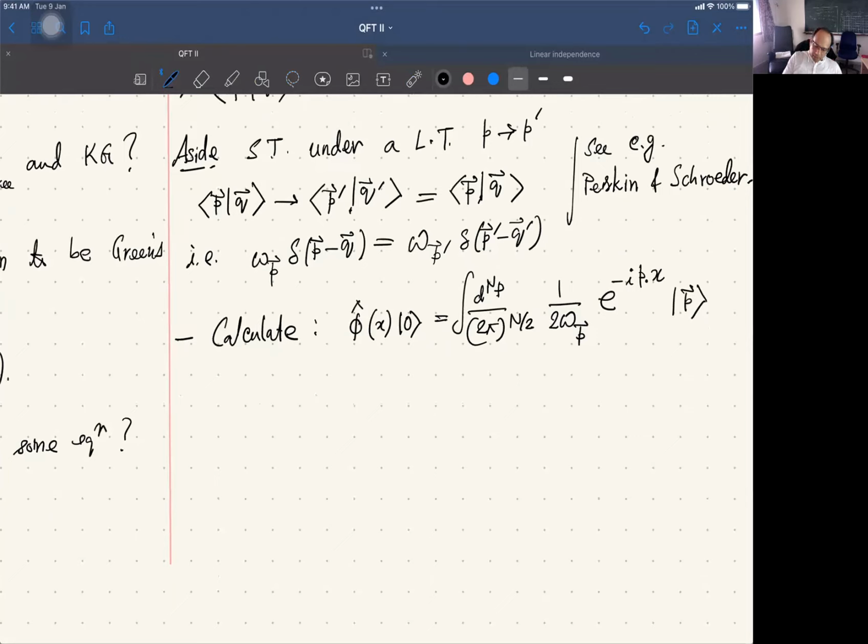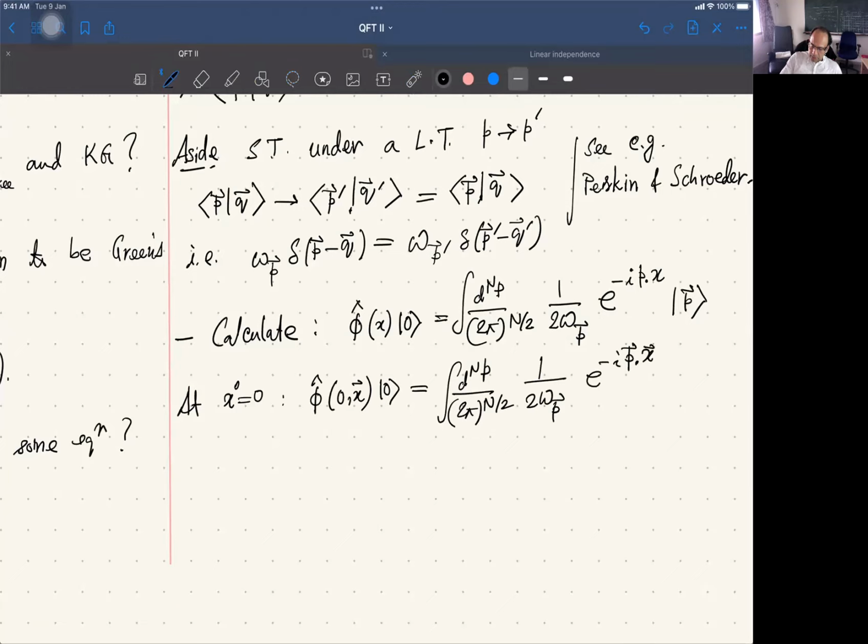So at x0 equal to 0 time, this is phi 0 x vector acting on vacuum, integral d^n p over 2 pi to the power n by 2, 1 over 2 omega p, e to the power minus i p dot x acting on p.